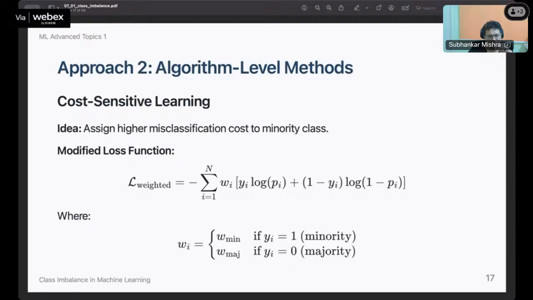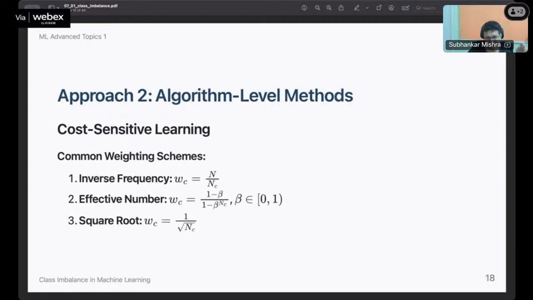If you have more samples, it will have lower weight. So the weighing technique will be inverse frequency, let's say. That means more samples, lower weight; fewer samples, higher weight. It's very simple.